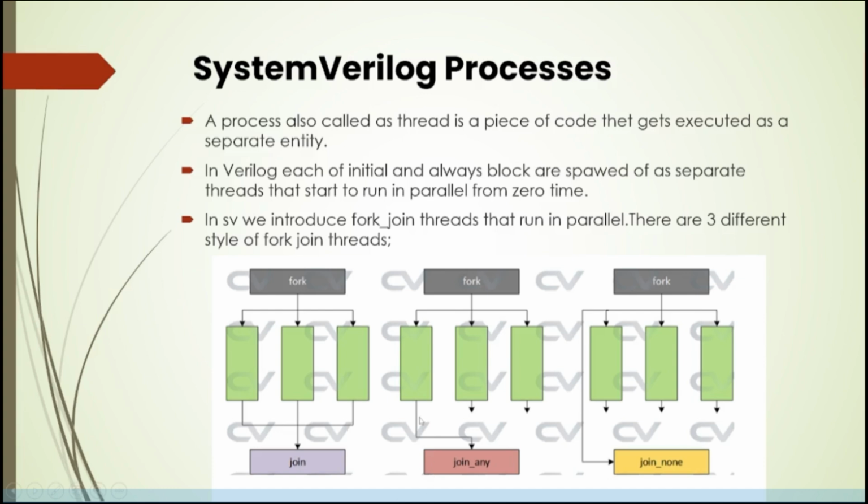But in fork join any, if any one of the codes, let us call them threads, is completed, then it will come out of fork join any.